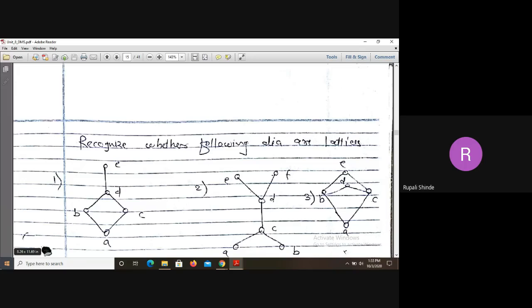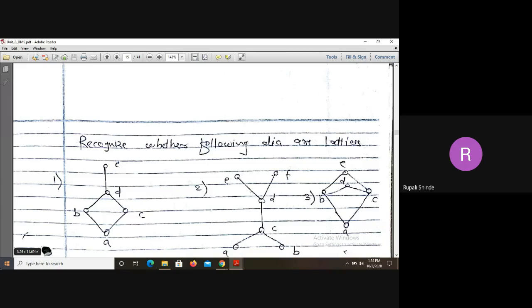Now check for the third diagram. Lattice?